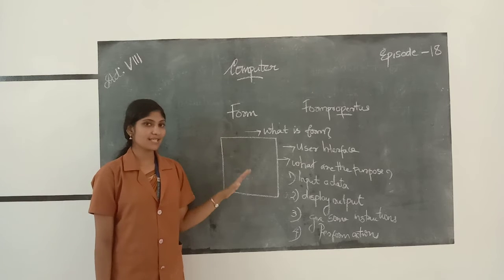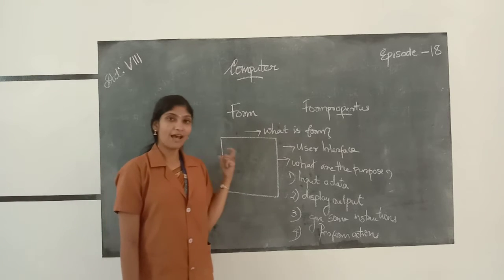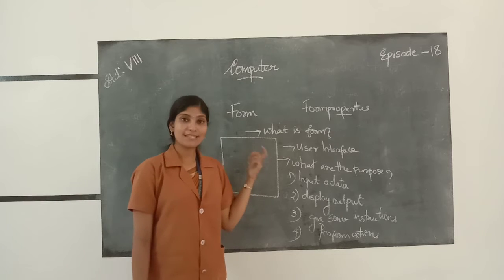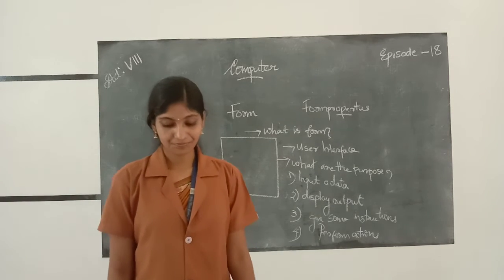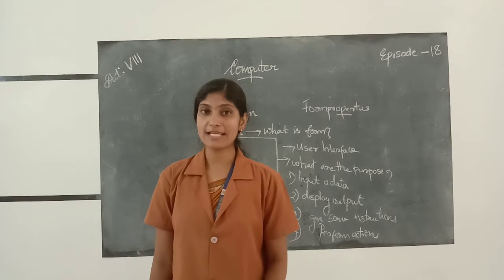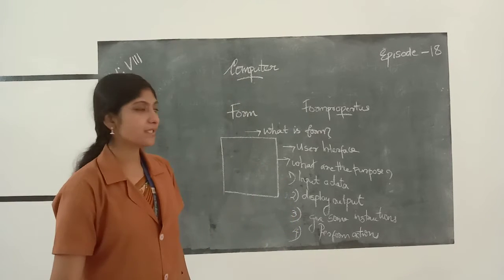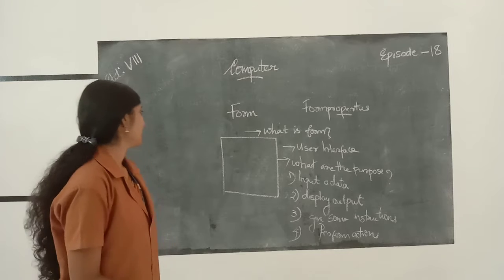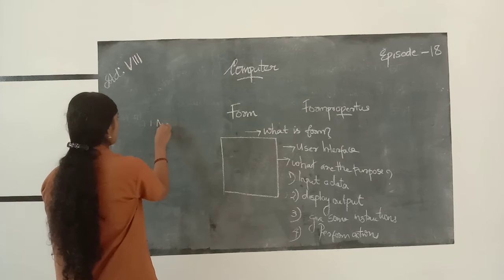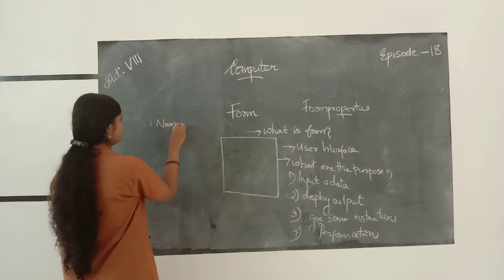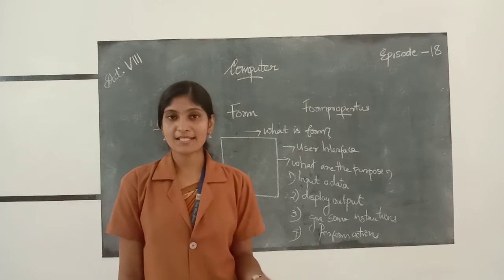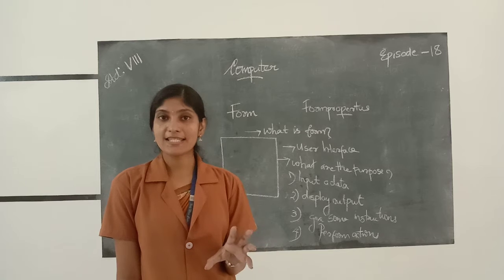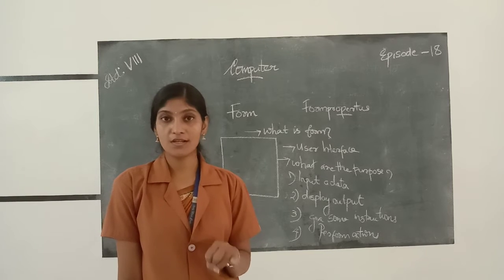So that means this is a user interface to which we can add controls and set the properties. Right? Okay. Then the first property is name. What is the first property? Name is the first property. Yes. In our previous class we have discussed there is a property for a control, name.